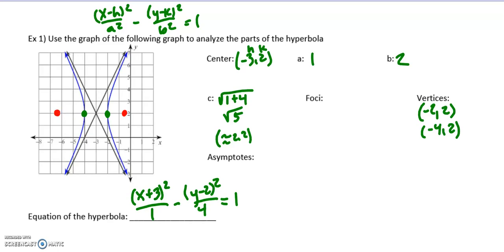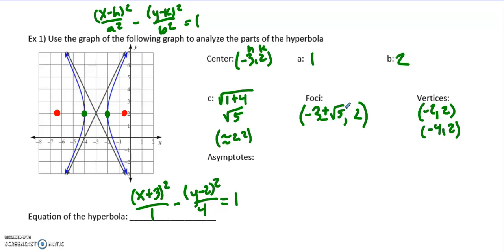So when I write out my equation, remember, the foci are just a deviation from the center. So I take my center, negative 3, 2, and notice I'm traveling in the x direction, a distance of plus or minus root 5. Those are my ordered pairs for the foci.